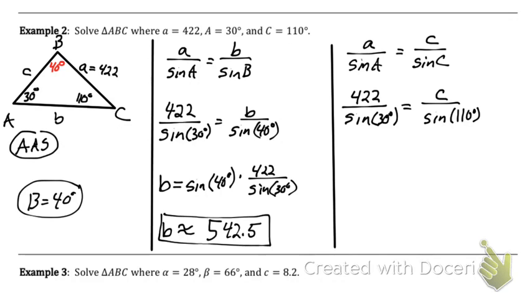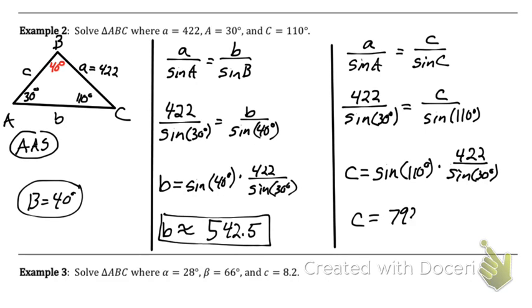Once again, we're going to have C equals the sine of C times basically side A, 422 over sine A, which is sine of 30 degrees. Charlie, did you have the answer? Is that why your calculator was in the air? Yeah, 793.1.